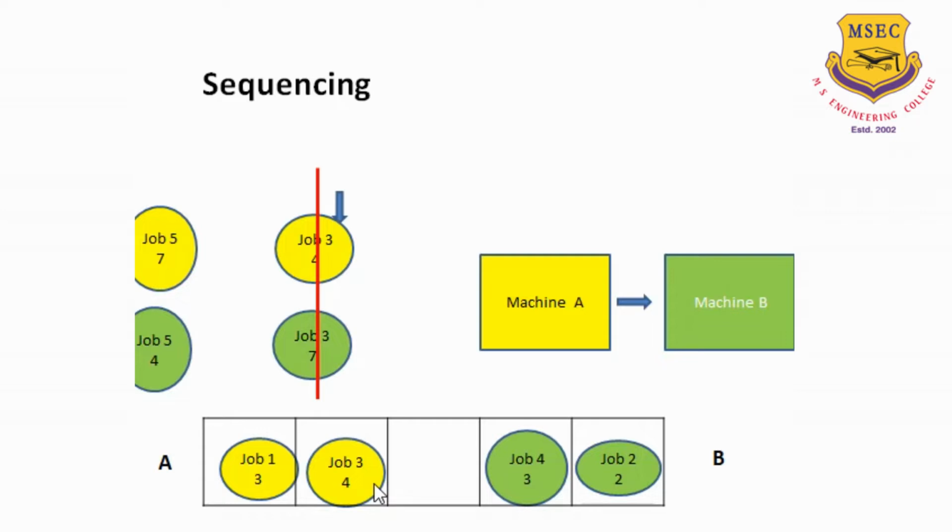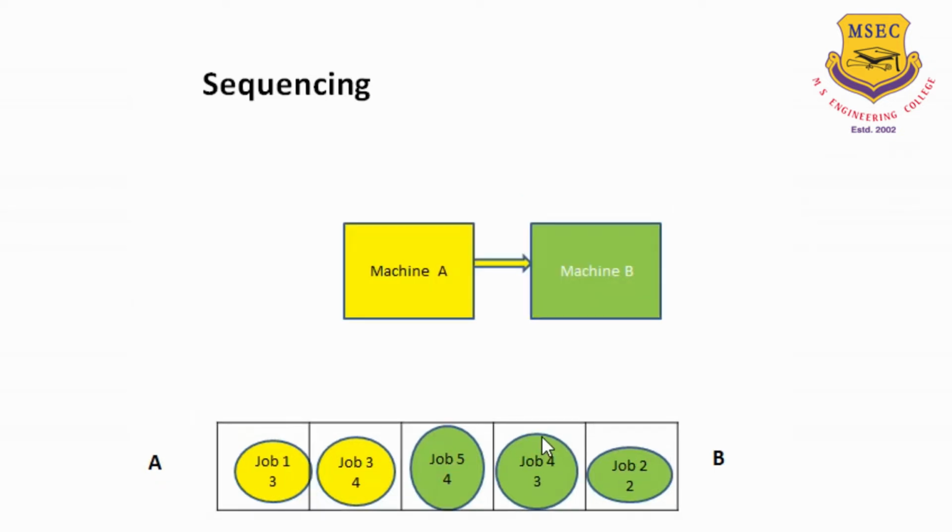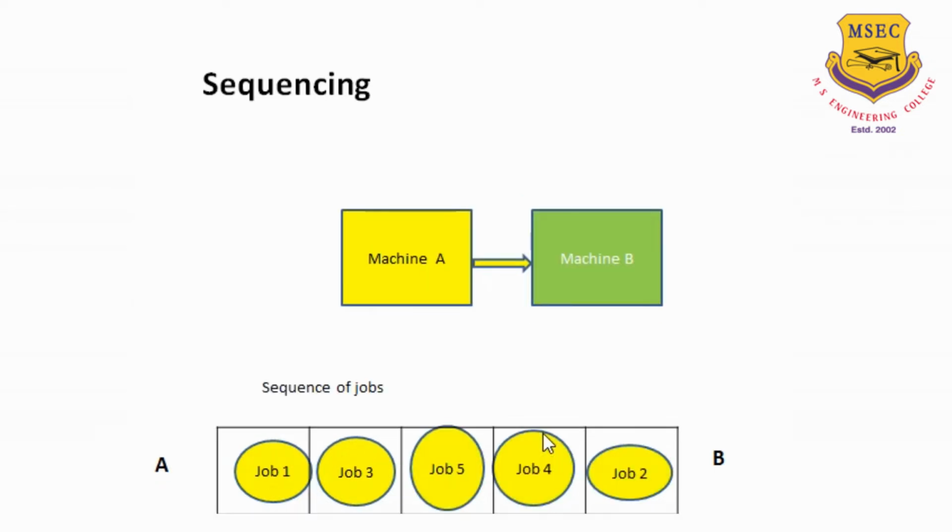So we delete that particular job. And the next job is the last job, so job 5 is going to be fixed in the middle. So like this we get the sequence of the jobs to be performed. The sequence of the jobs to be performed is 1, 3, 5, 4, 2.